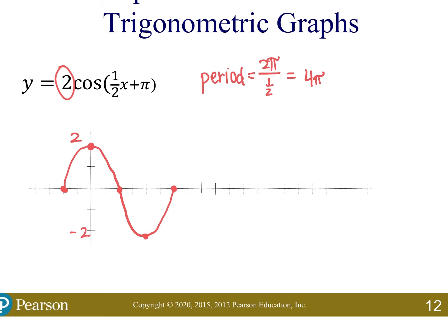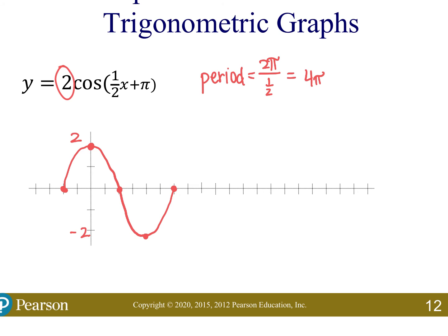It's 2 times the reciprocal, so that works out to be 4 pi. So that means the spacing here is 4 pi, but I also have a translation. So I can't just jump and label this 4 pi. That would not be accurate, because it has to be 4 pi from the origin, so that's not quite right.